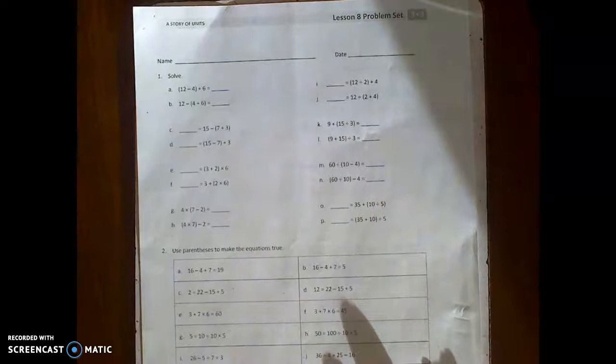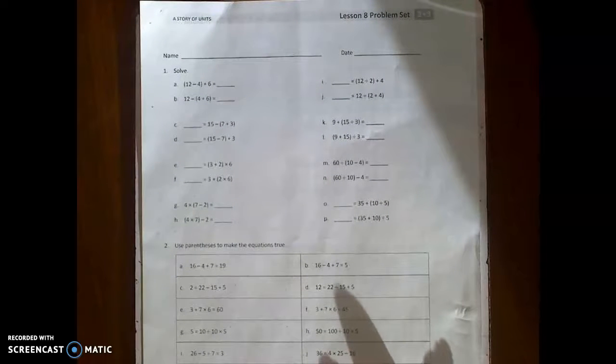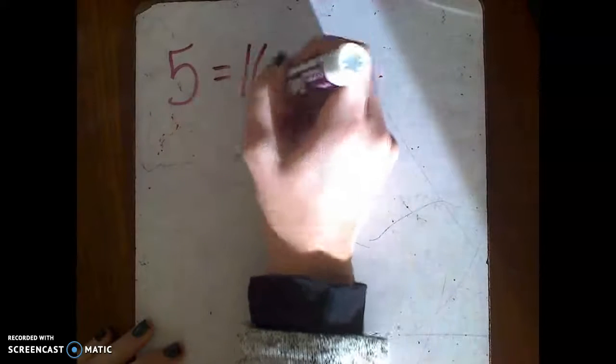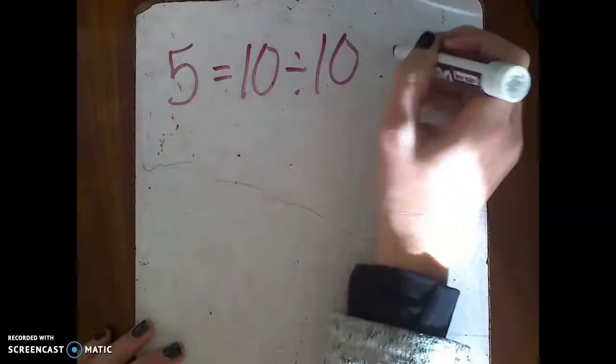All right, let's do G. G, right down here, it says 5 equals 10 divided by 10 times 5. Let's check this one out. Let me write it nice and big for you so we can all see. 5 equals 10 divided by 10 times 5.